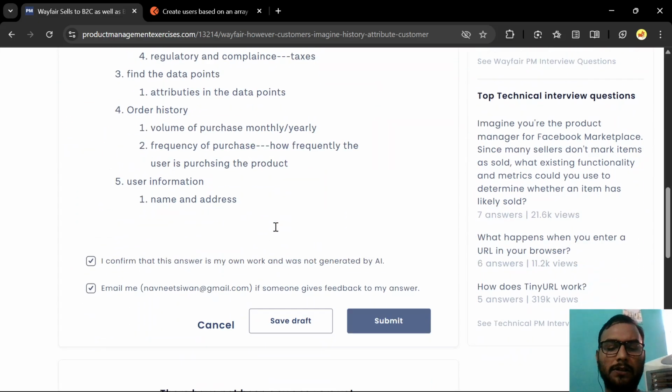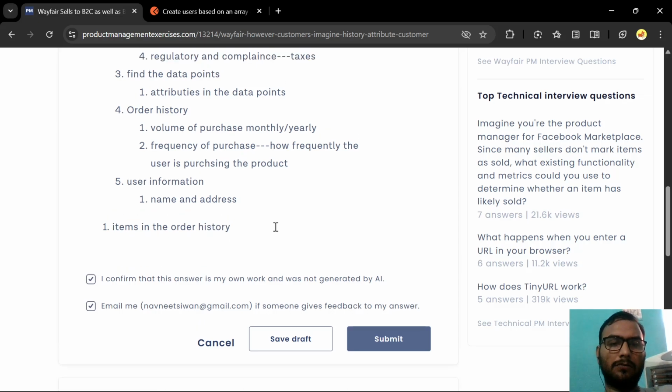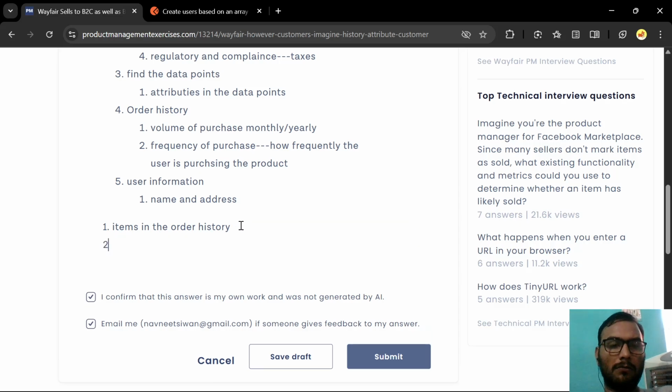So of course we will look at the items in the order history and try to match this with an interior designer items list. Also, most of the items may be bought by a broker who is supplying to a different vendor or a different company, or directly selling to the consumer.